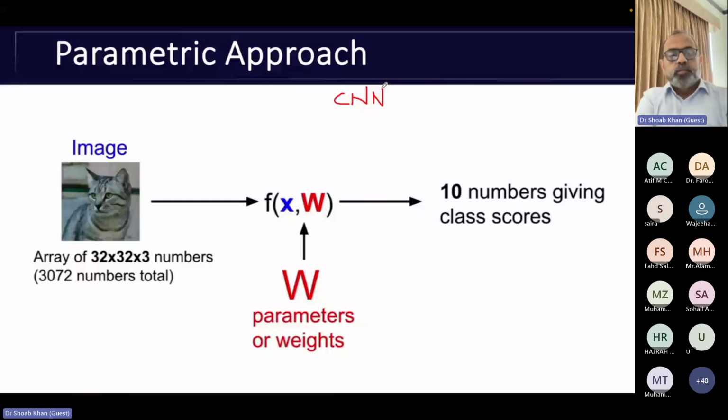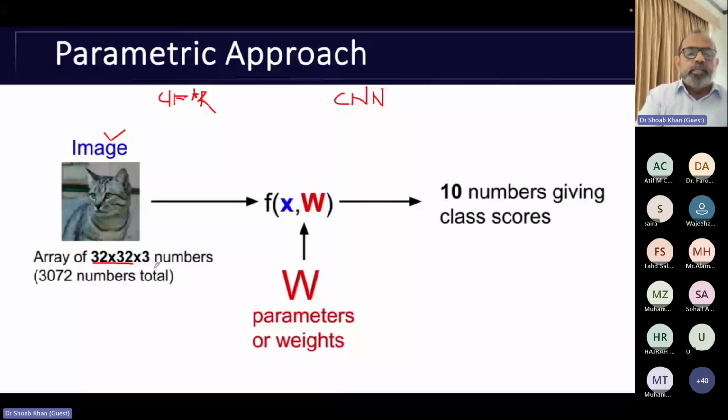As we already know, an image is nothing but an array of numbers. In this case, the CIFAR10 data is primarily 32 by 32 by 3, where 3 means the colors.